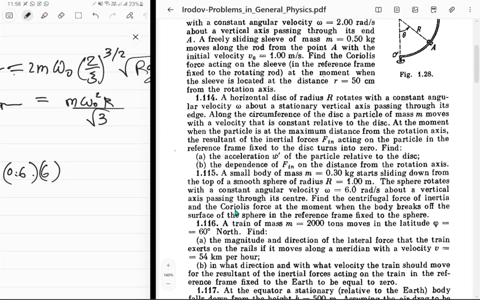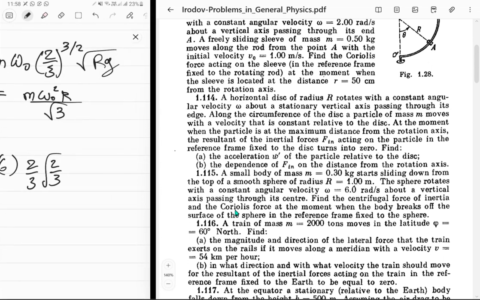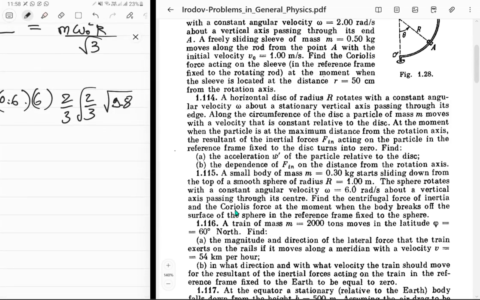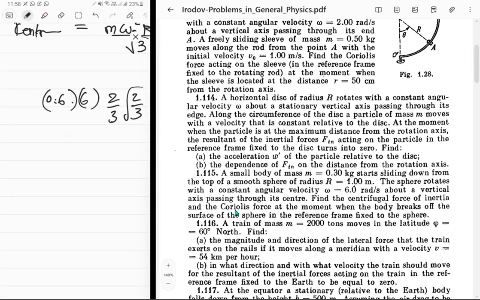Okay. 2/3 to the power 3 upon 2 is like 2/3 square root of 2 upon 3, and then you got square root of r. R is 1, so it's just square root of g. g equal to 10 probably won't work. 9.8, yeah, you can go with that. That's better. This is 3, so like 0.2.